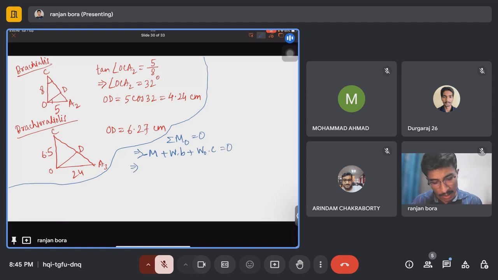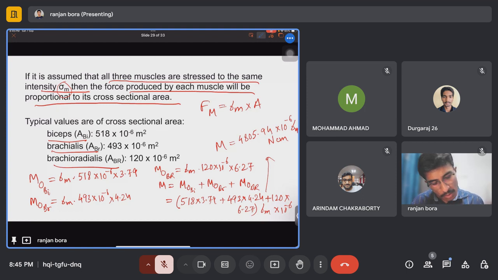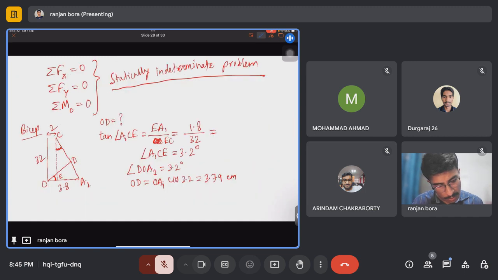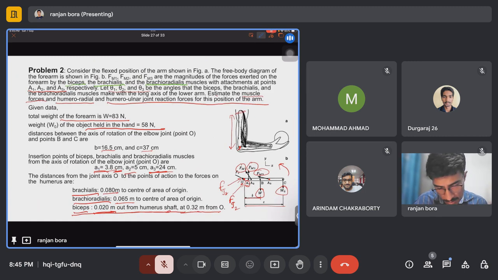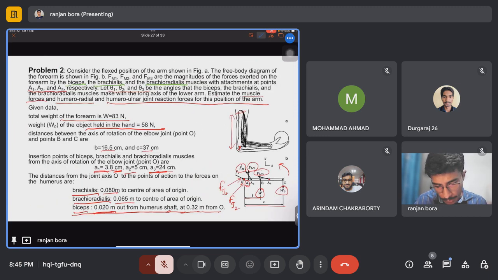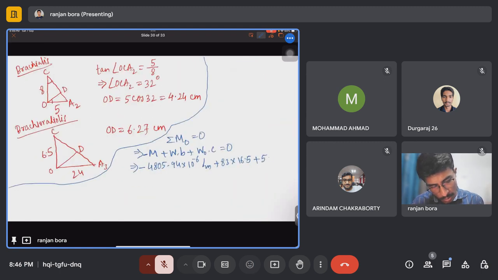So if we substitute M here, what was our M? 4805.94 into 10 power minus 6 sigma M, plus W was 83 into 16.5, plus W naught is 58 into 37, equal to 0.